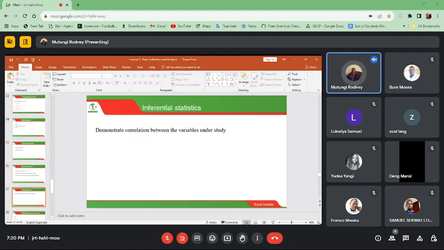But number two is inferential. Now you want to correlate the variables, okay? Like I was saying, you want now to relate one variable with another, okay? For example, those variables which I was talking about, what we call social demographic variables, like the education, the employment, the age.